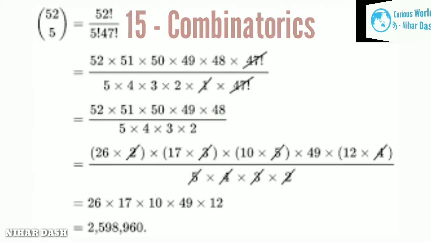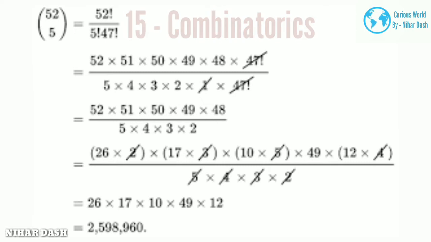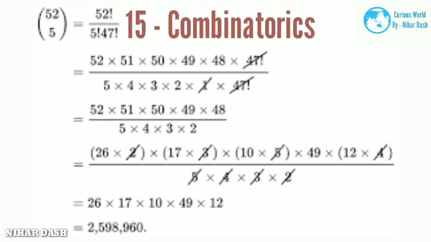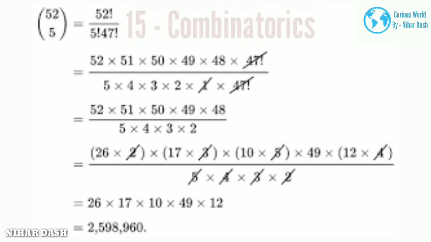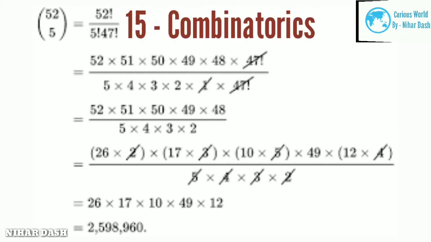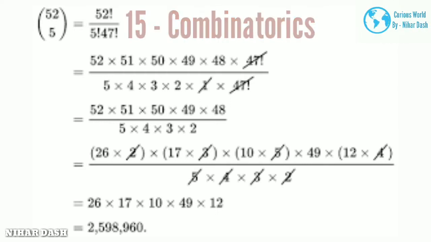15 Combinatorics. Combinatorics is a branch of mathematics that deals with the study of counting and combining discrete objects. Combinatorics can be applied to many different areas such as statistics, graph theory, abstract algebra, geometry, probability theory, and computing.